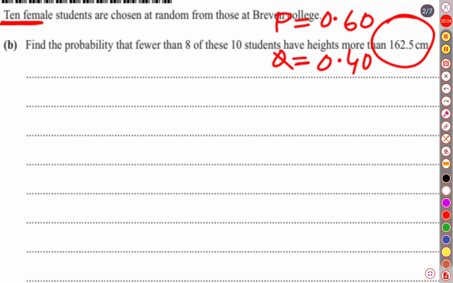As the total number of experiments is given and the probability of each of them is individually given, it belongs to the binomial distribution. So we can start writing X belongs to binomial distribution.